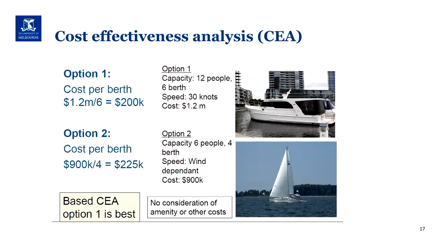Then if you focus on the benefit that it provides, let's say the berths, like how many people can sleep there, based on how much you are paying, option 1 is going to be 1.2 million divided by 6 berths, so it's going to be $200,000 per berth. And option 2 is going to be 900,000 divided by 4, so that is $225,000 per berth. So in this case, you are going to choose option 1. You just focus on the specific outcome that you are looking at.